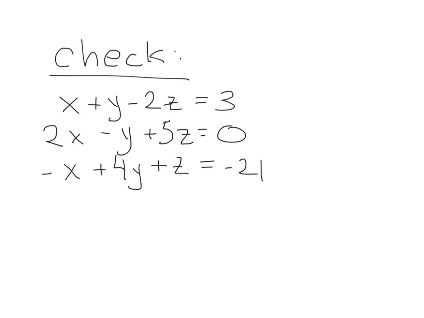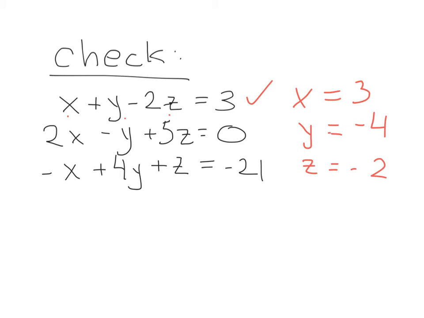We can check that answer back up in our original equations. Remember, our solution was x equals 3, y equals negative 4, z equals negative 2. All three equations should be satisfied. So if I do 3 minus 4 plus 4, I'll get 3.